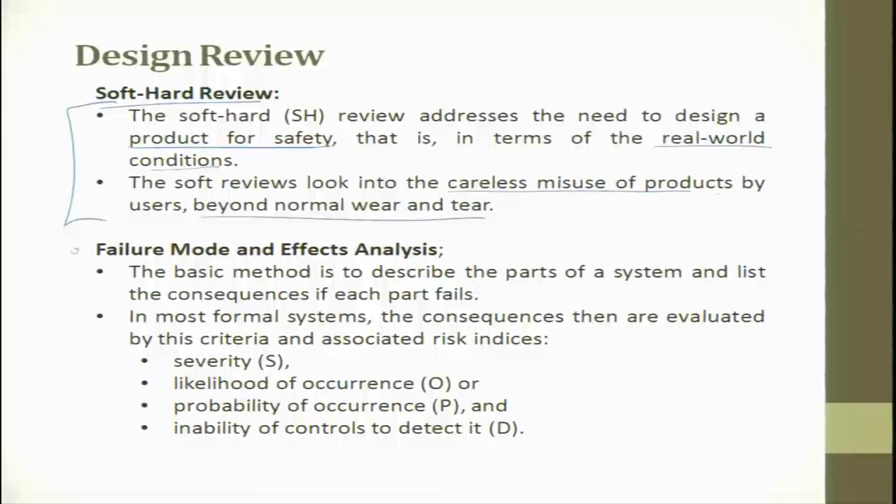So the failure mode effects analysis, the basic method is to describe the parts of a system and list the consequences if each part is failing. Suppose there are 10 parts A, B, C, D, E, F, G, and if A fails, what is the impact on the performance? Now what do you have? You have weightages. Now what you do is you try to fix which part can fail more and start going to that particular part, start looking at improvising the design, and once you improve the design, again go back and see the efficiency, is the weightage still maintained the same.